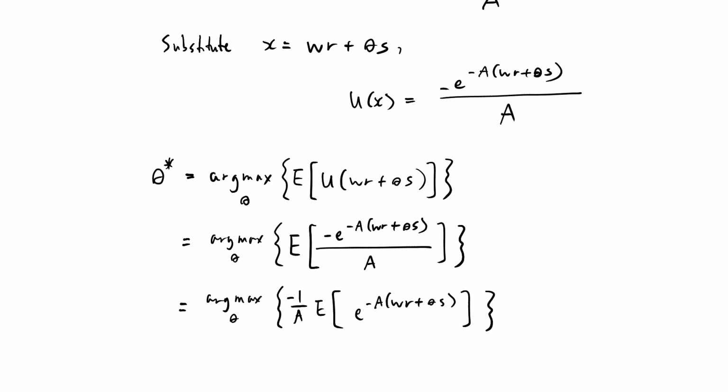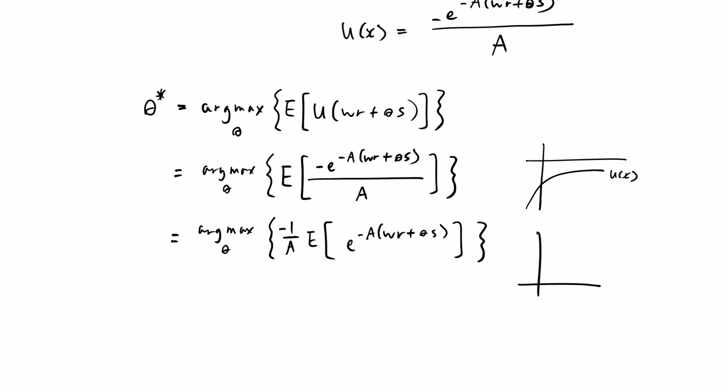If you have a function, this is our original function. If you take out a negative sign, you would get this function.